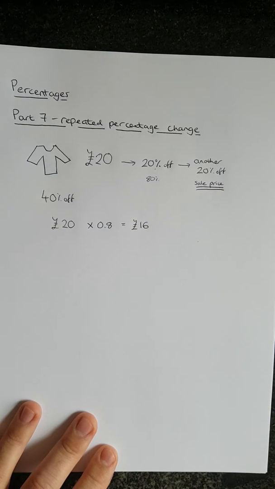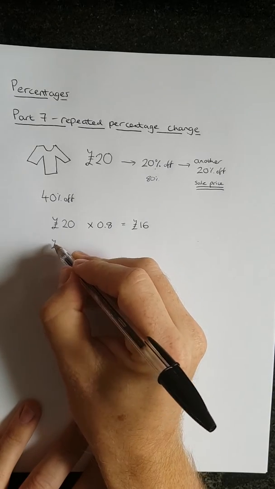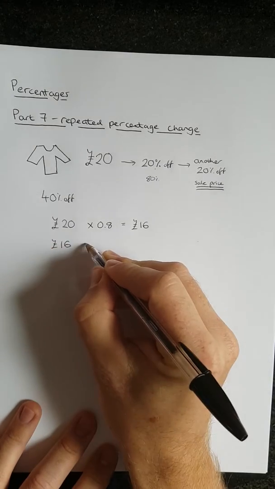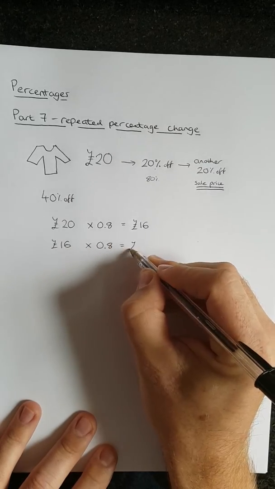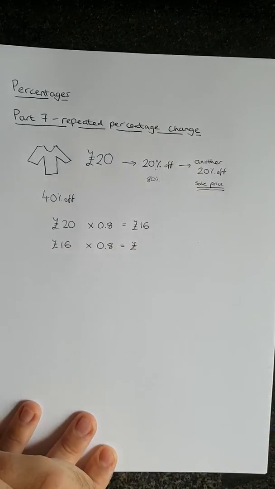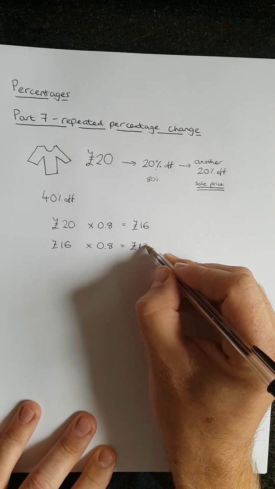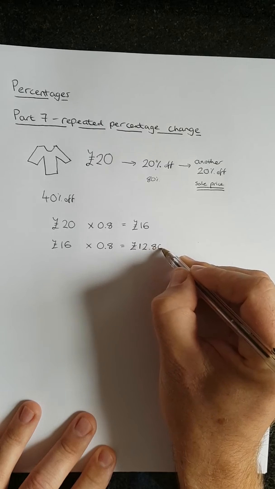So, to find the new cost of the t-shirt, I take £16 and take 20% off that. Which takes me to £12.80.